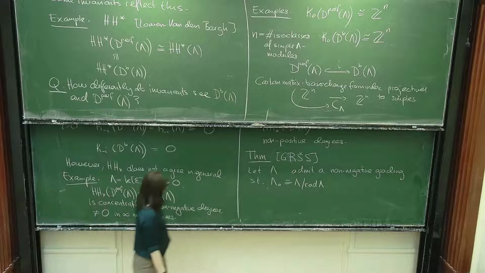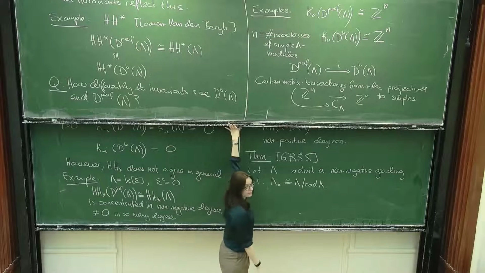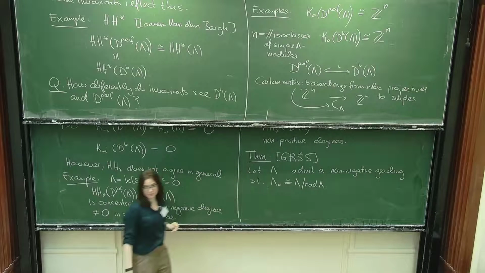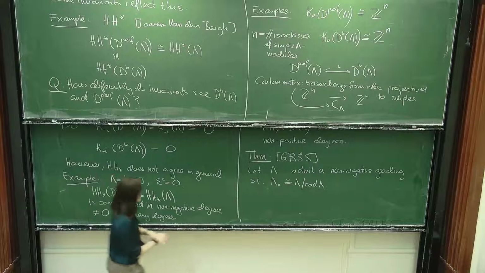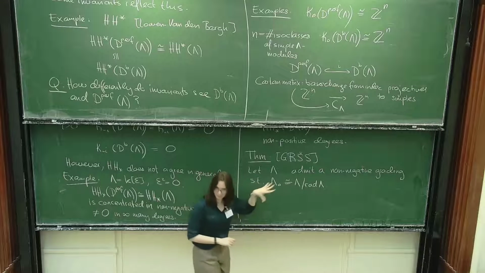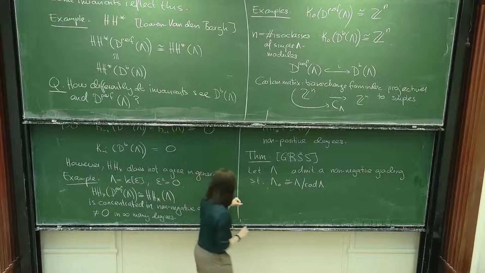Then what we can say is, there is a class of invariants that does not see the difference between dB lambda and d perf lambda. And that class of invariants, I'm going to talk about pretty soon after I state the theorem.